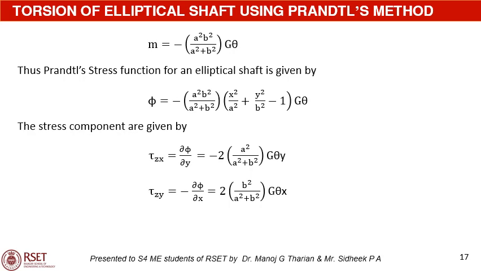The stress components are given by tau zx = ∂phi/∂y = −2a²/(a² + b²) Gθ y, and shear stress component tau zy = −∂phi/∂x = 2b²/(a² + b²) Gθ x.